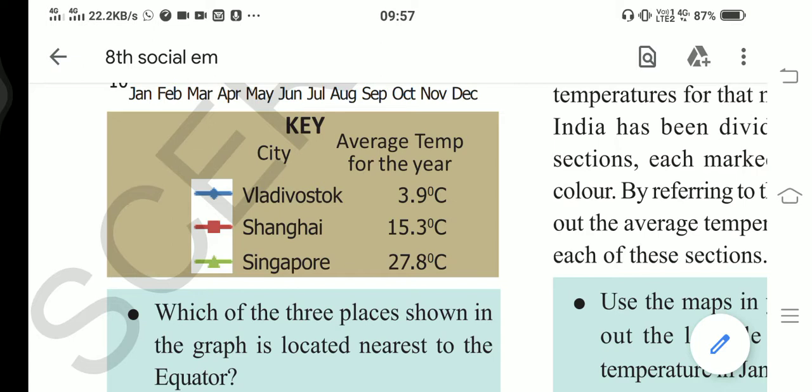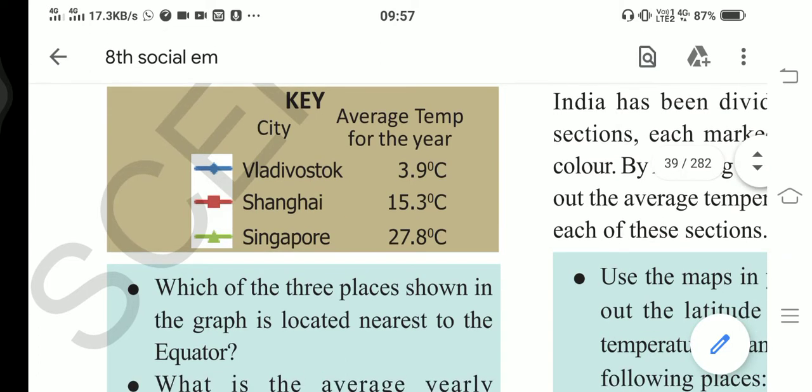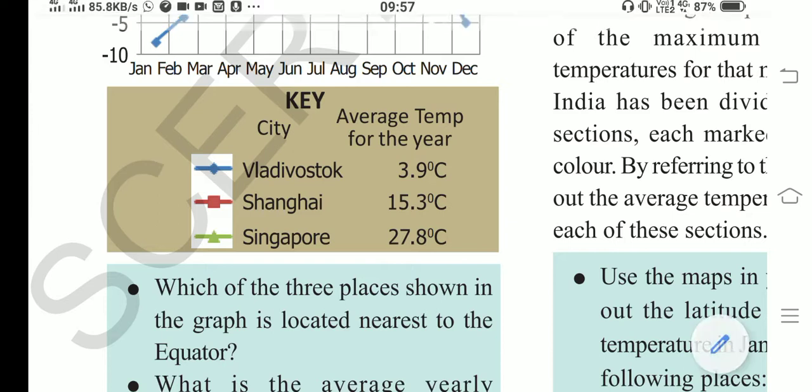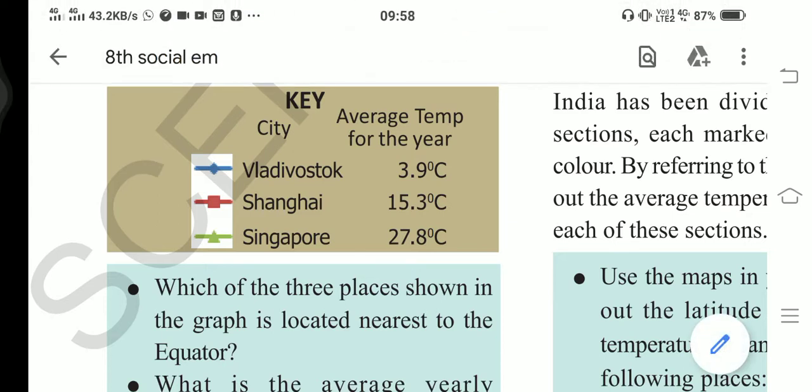So we might use these numbers to answer a question like this: is Singapore on average warmer than Shanghai or not? Where is the temperature higher, at Shanghai or at Singapore? Singapore recorded 27.8 degrees centigrade, whereas Shanghai recorded 15.3 degrees centigrade.